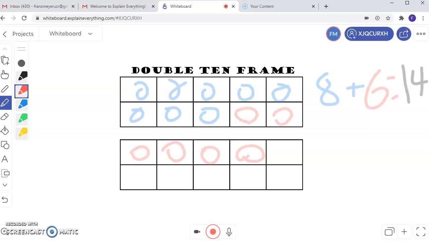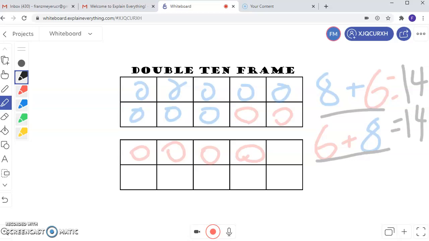How would we make it the same? We would flip it, right? We would add 6 red dots plus 8 blue dots. And we already know, because these are the same numbers and they're just flipped, that that is going to equal 14. All right.